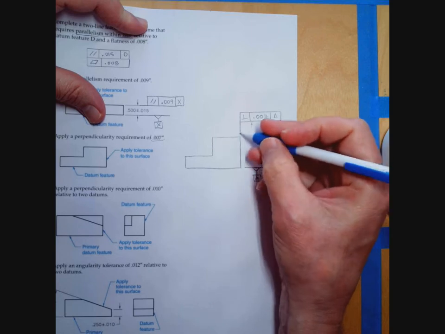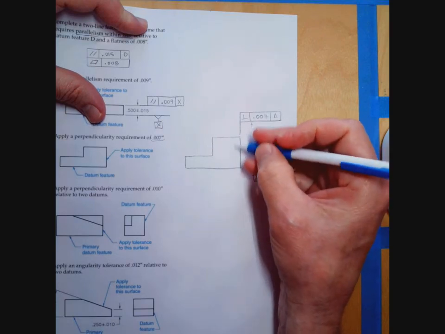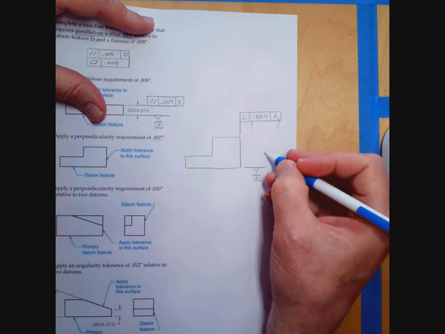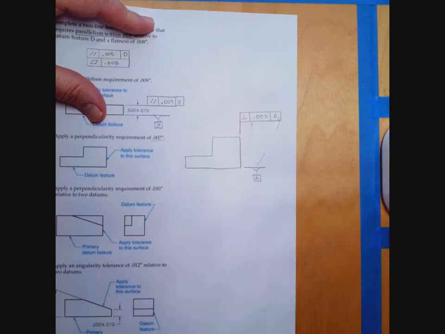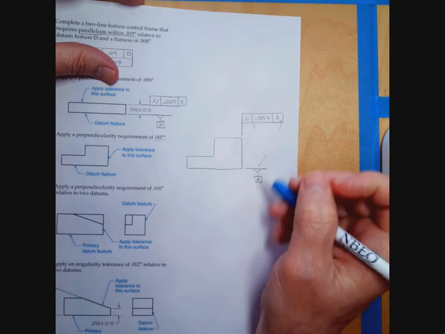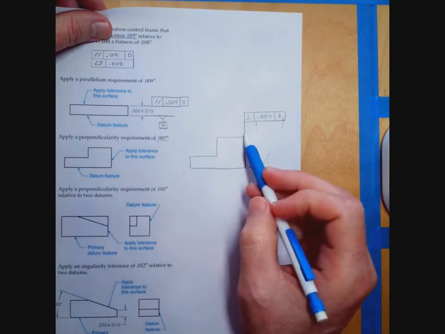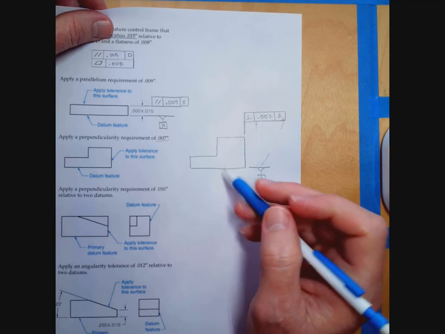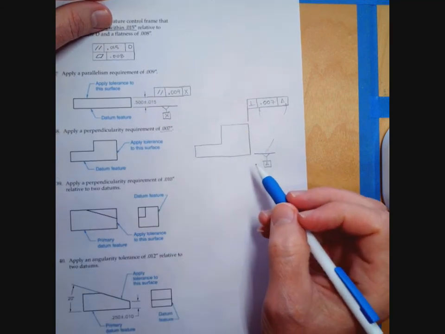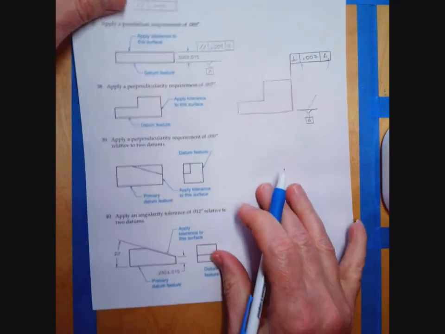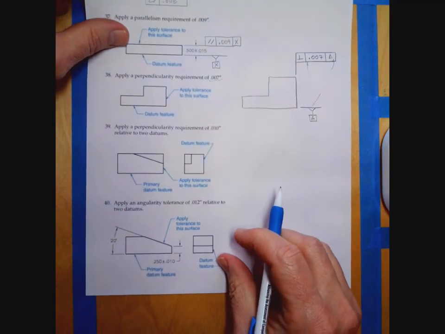Because this is not a feature of size. And there's no material condition modifiers here because this is not a datum feature of size. So that's all we need to do. And just like in the last one, number 37, there's some variation for how you apply these. Just make sure that you apply it as to a non-size feature, not a feature of size. That's the only real sticky point there.